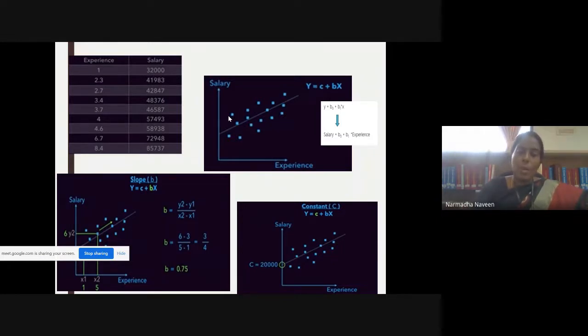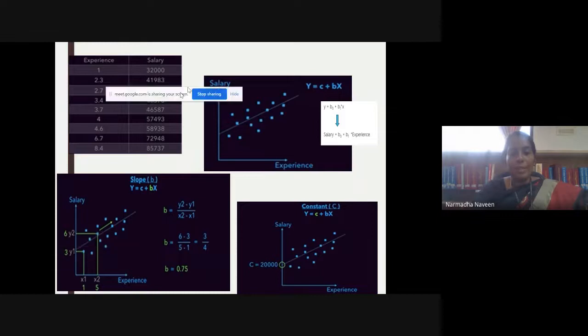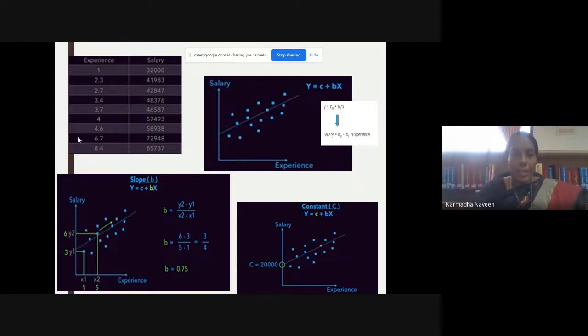How do we calculate the values of b and c? This is your input data set, and this is a graph where the x-axis is the years of experience and the y-axis is the salary, and here is the best fit line, with all the data points plotted.